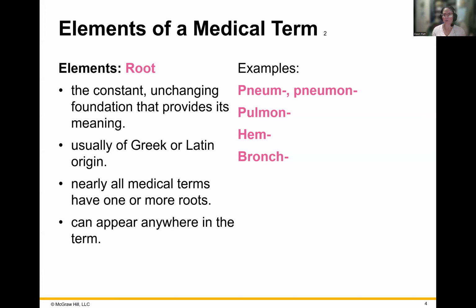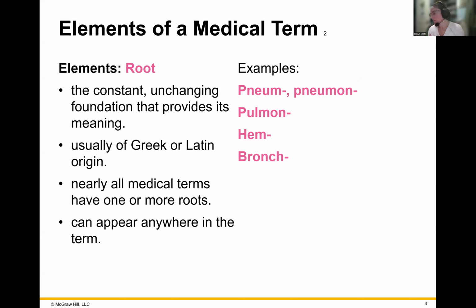Root words can appear anywhere in the term. They can appear at the beginning, and it wouldn't be considered a prefix. They can be at the end, and it wouldn't be considered a suffix. They would still be a root word or combining form. Some examples here on the right: pneum and pneumon mean lung.